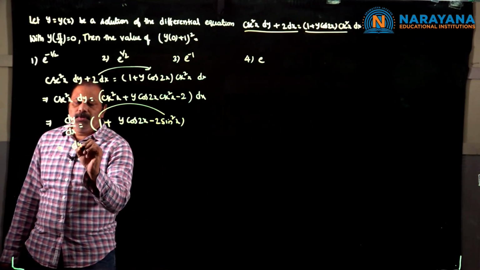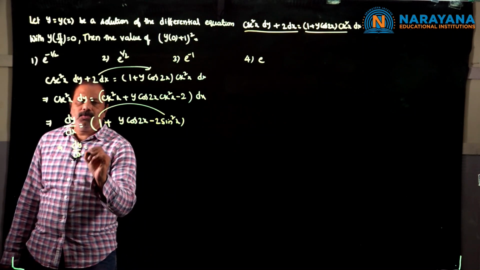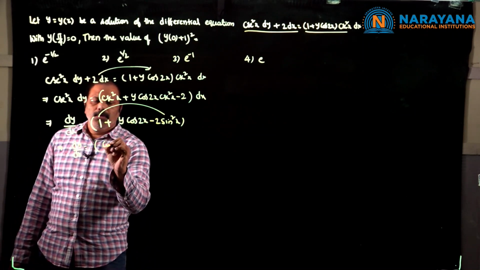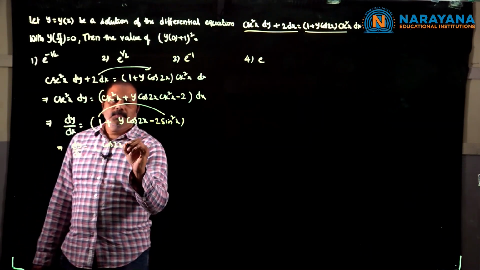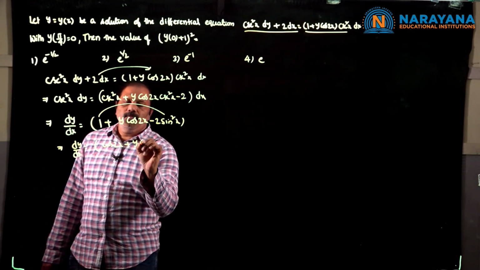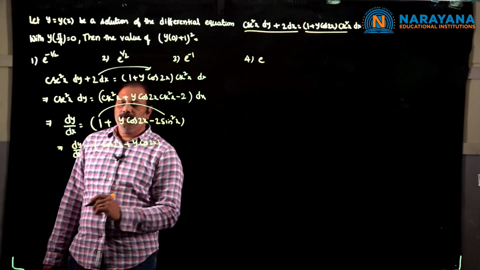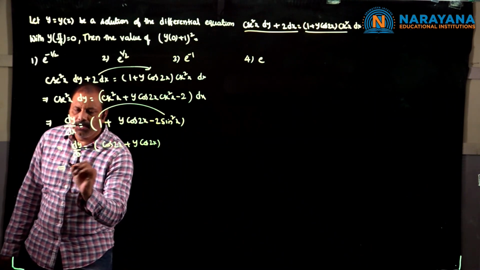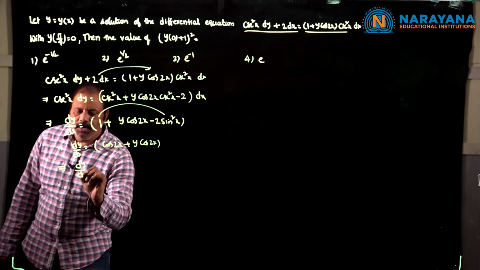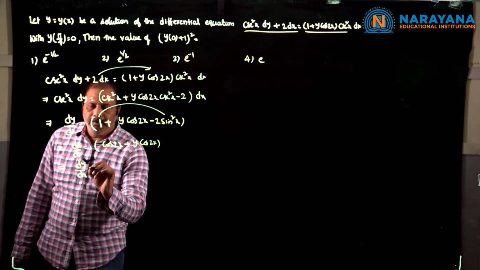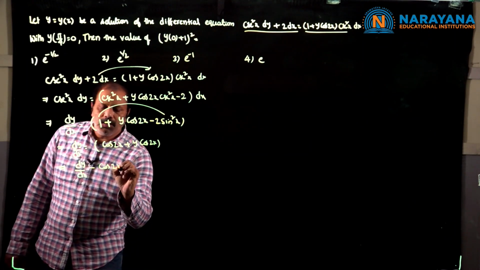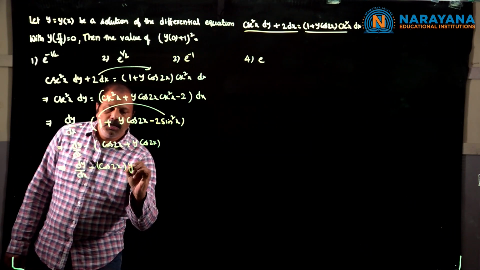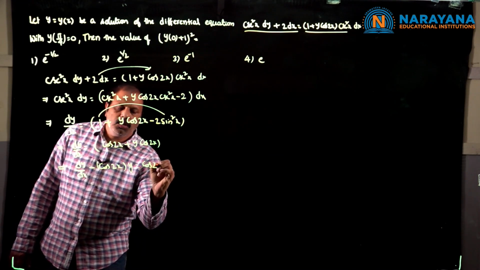This implies dy by dx is equal to cos 2x plus y cos 2x. Let us write this as a linear differential equation. You can rewrite this as dy by dx minus cos 2x into y is equal to cos 2x.